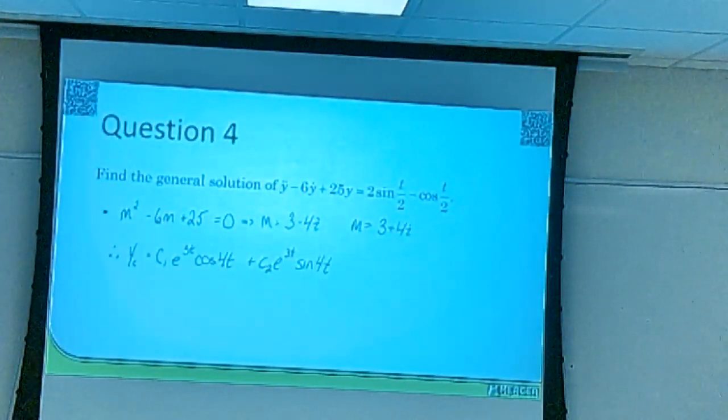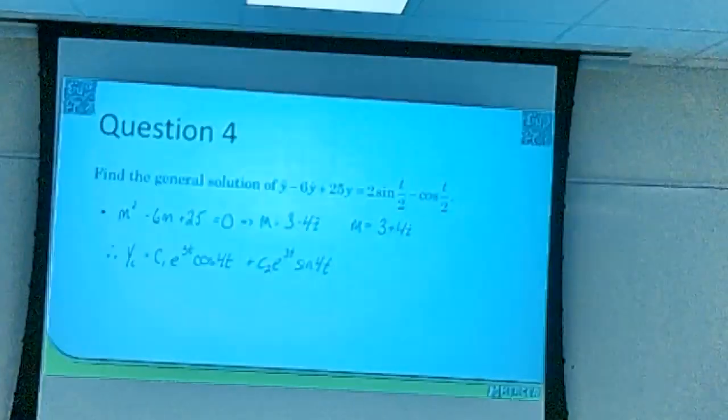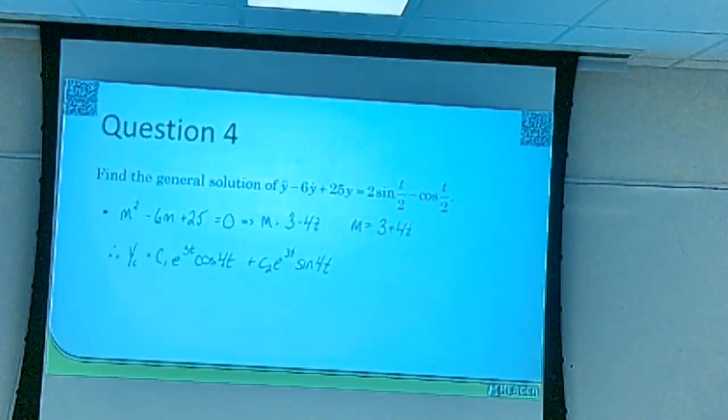I'm going to write it unfactored. This allows me just to more easily see what the two independent solutions are. What should the form of the particular solution be?